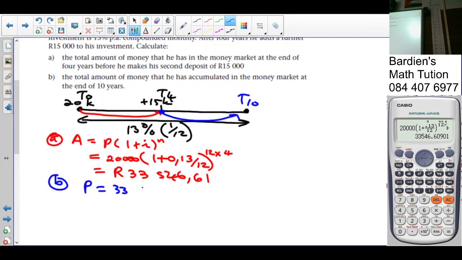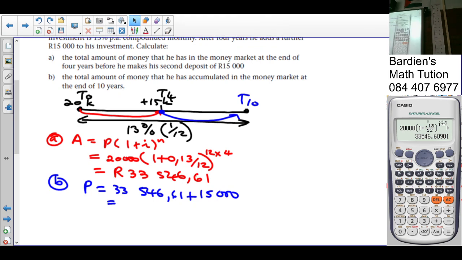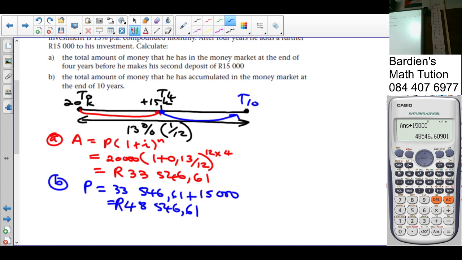So it's 33,546,61 plus 15,000, which gives us 48,546,61. So that is the principal value here.